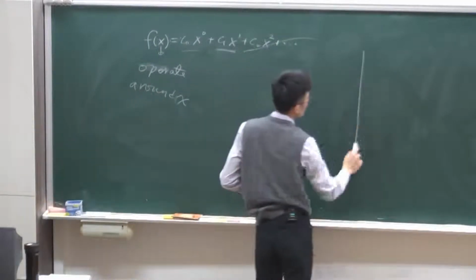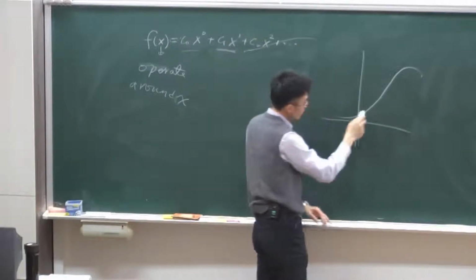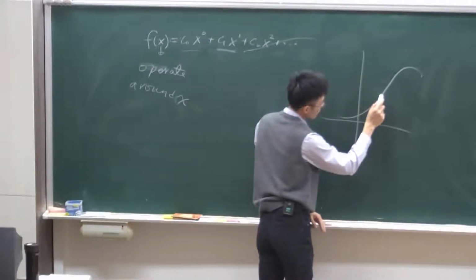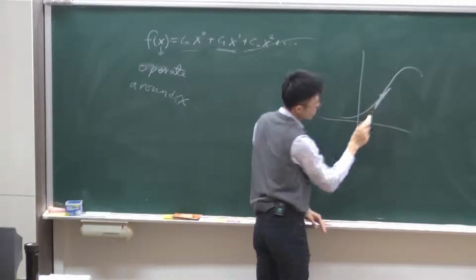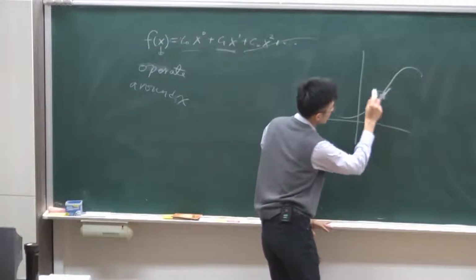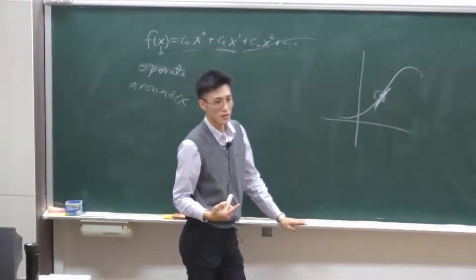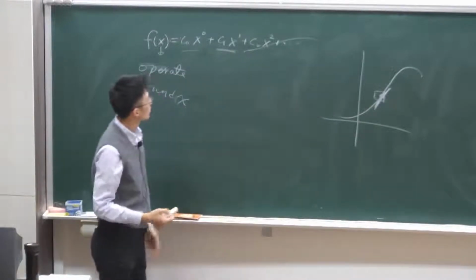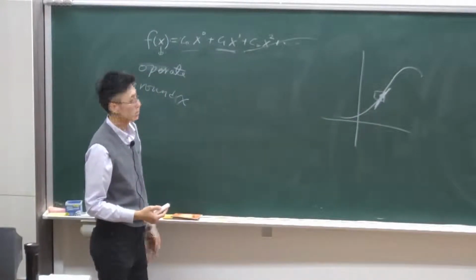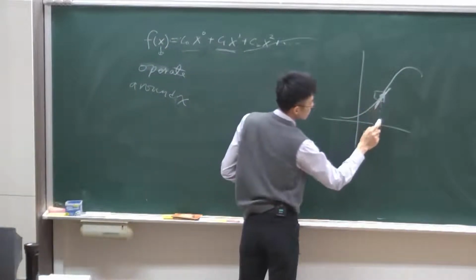Because given a nonlinear function, okay, it's nonlinear, right? If you want to approximate the function in this point, you can consider it as linear, right? That's why we negate the higher order terms, because the x is around this point.